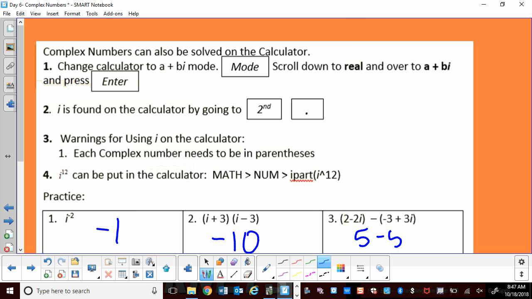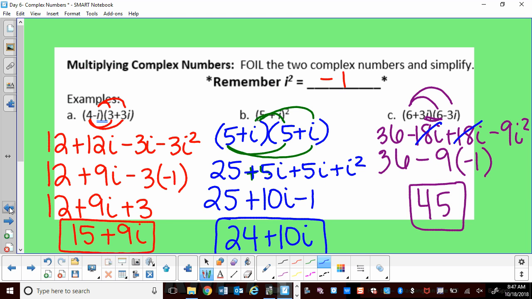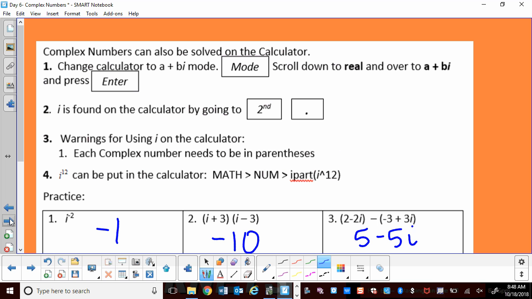You guys get that? So what our calculator is doing is saving you a lot of work. If you want to do it by hand, go for it. I will never stop you. But why, when your calculator can do it for you? If you're on your SOL or on the test and you forget, you can do it by hand, but just remember to make sure your calculator is in A plus B mode, and you're good to go.